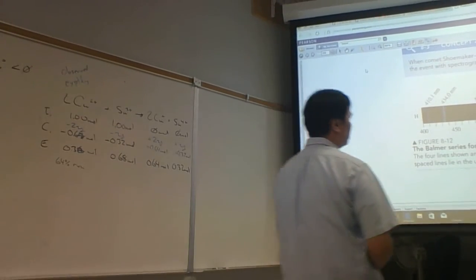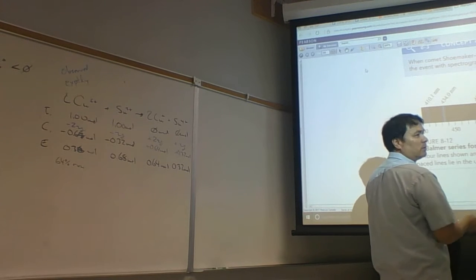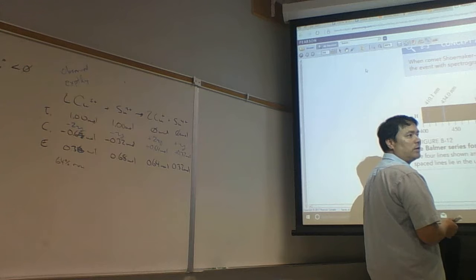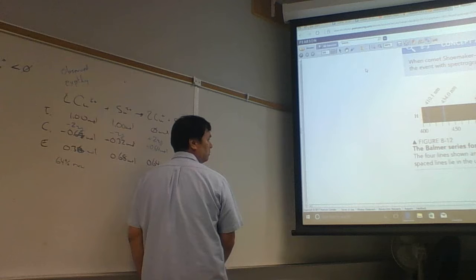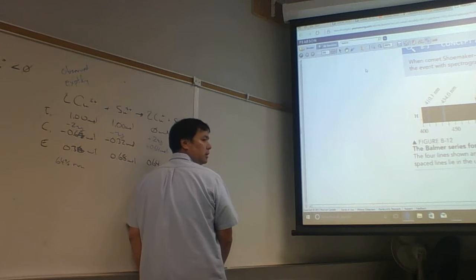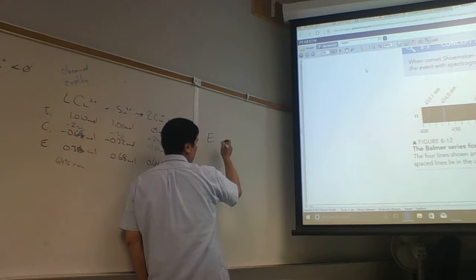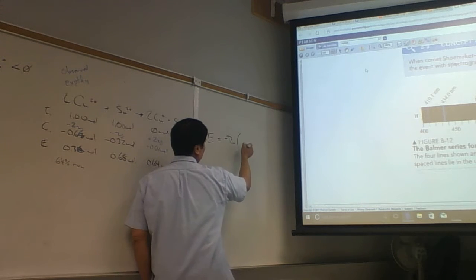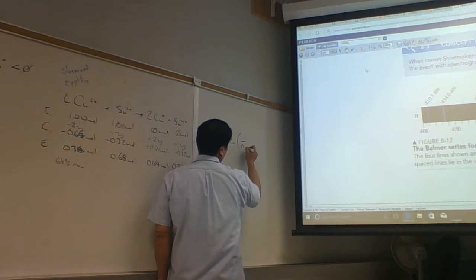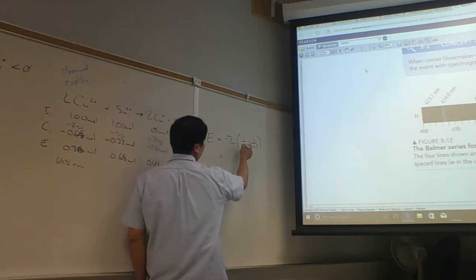But the pattern is a mathematical pattern. And a mathematical pattern is, does the sequence of numbers fit a mathematical equation? And it turns out, yes, that sequence of numbers fits. This guy named Rydberg figured it out, and he came up with this equation. The energy of those lines is equal to minus R sub H times 1 over n final squared minus 1 over n initial squared, where n final is 2.